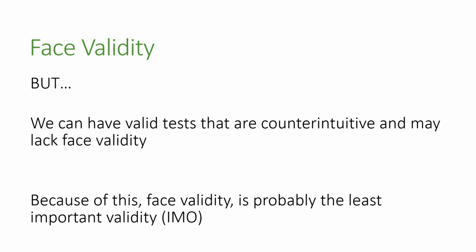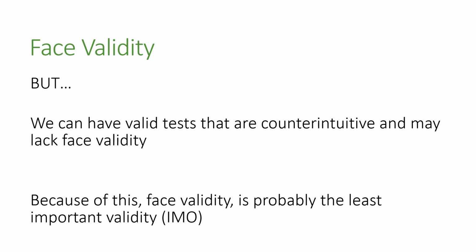But I will say this, you can have valid tests that are counterintuitive and may lack face validity. Sometimes this is necessary, right? If you think of a situation where you're not necessarily trying to deceive intentionally, but you're trying to obscure the purpose of the measure, you might want someone to think it's about something when you're really measuring something else.